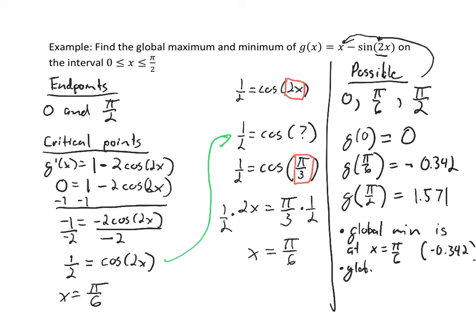The global max is at x equals pi over 2. And really, its value is essentially 1.571.